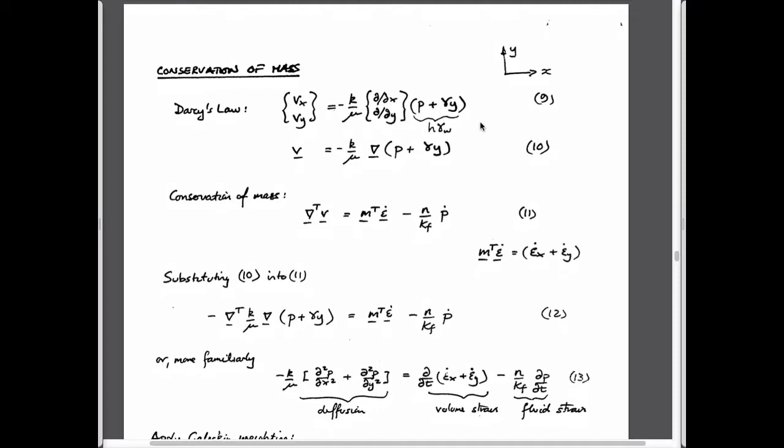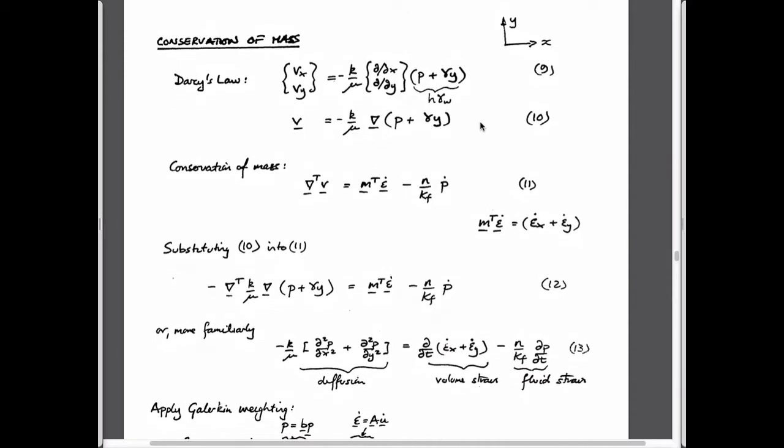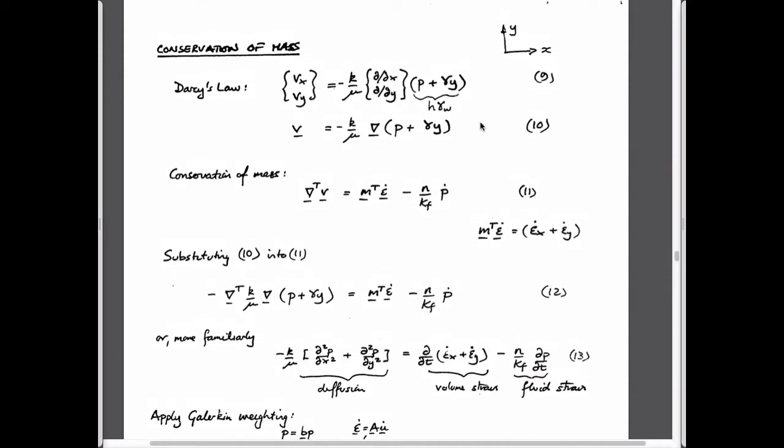We can also rederive that in the same way as we did for the Galerkin, but let's not do that. Let's take this heuristic approach. We know that Darcy's law, if we write it out, gives a velocity equal to K over mu times the derivative of pressure.